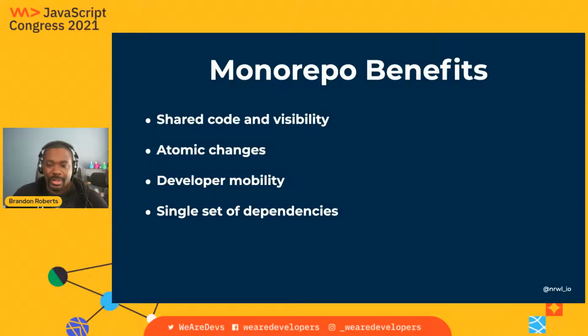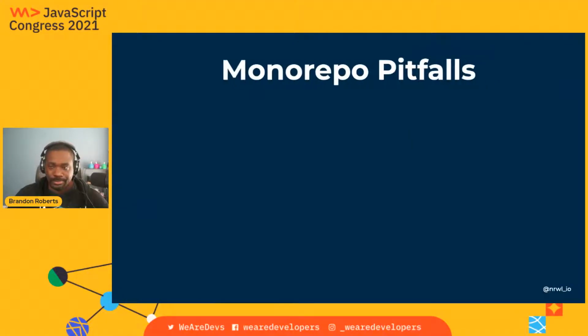And also having a single set of third-party dependencies reduces inconsistency between apps and keeps less actively developed apps up to date, even if they aren't as active as other parts of the monorepo.